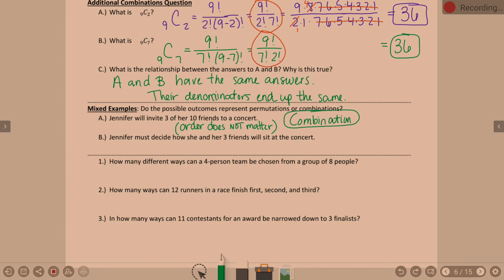But this is a matter of you're taking these items and you're arranging them. Who's in the first seat, the second seat, the third seat, the fourth seat. Oh, now we're going to mix them up. Now here's a different order. Okay, so this is one that is a permutation. And it's a permutation because order does matter.